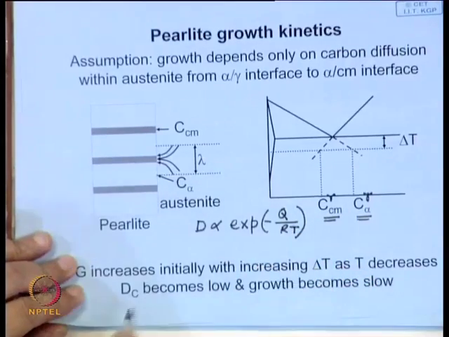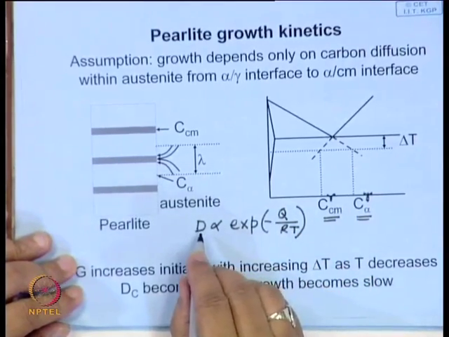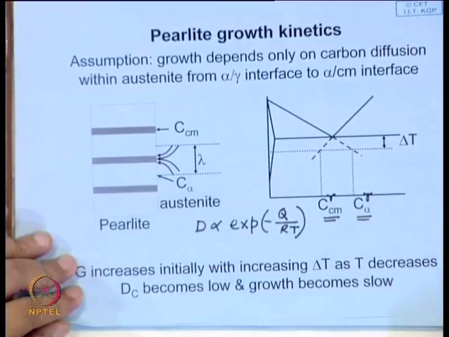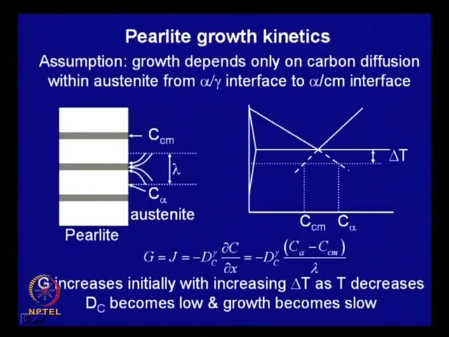So, if the temperature goes down, the diffusivity becomes lower. Again, you look at the driving force for that carbon movement, which is controlled by this distance.